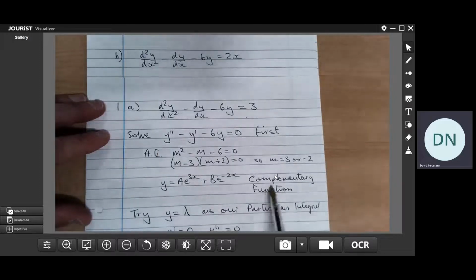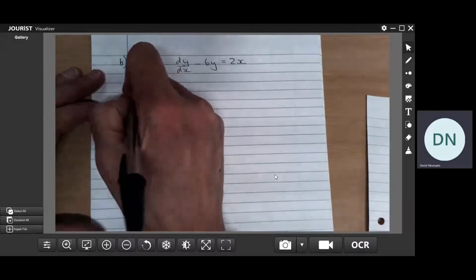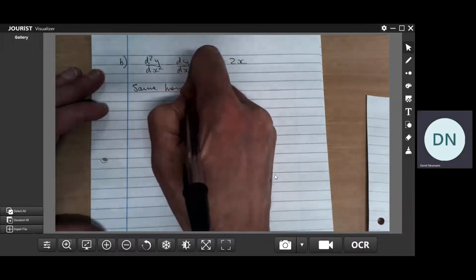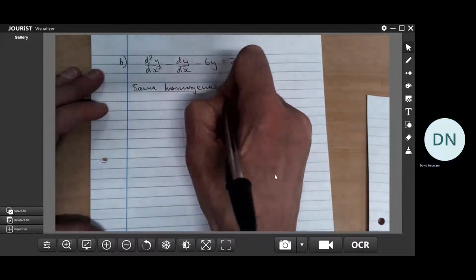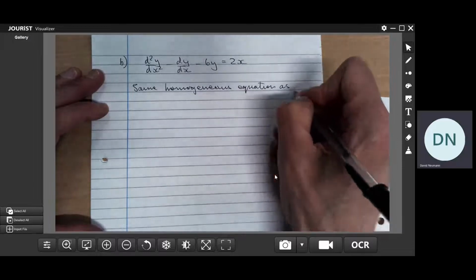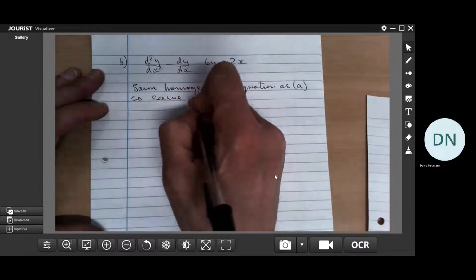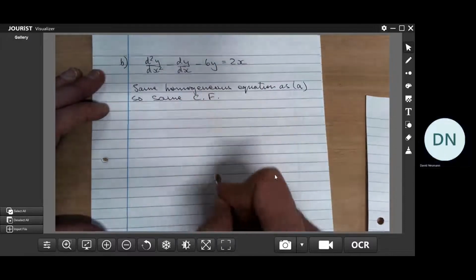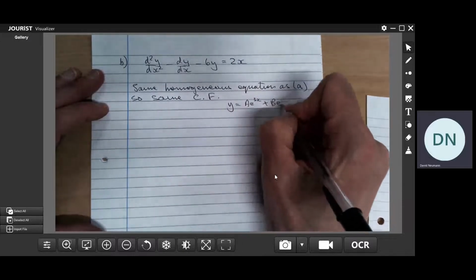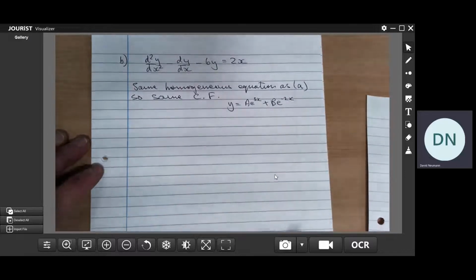So we get the same homogeneous equation as part A, so the same complementary function, y equals A e to the 3x plus B e to the minus 2x. We're not going to go through that again in this case.